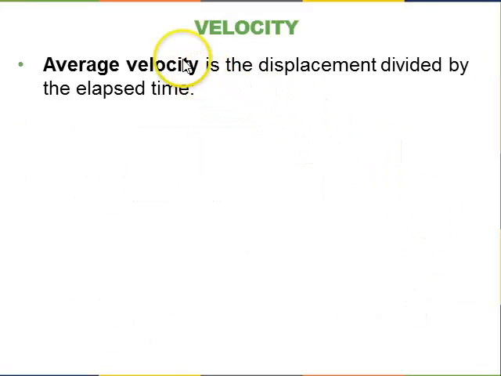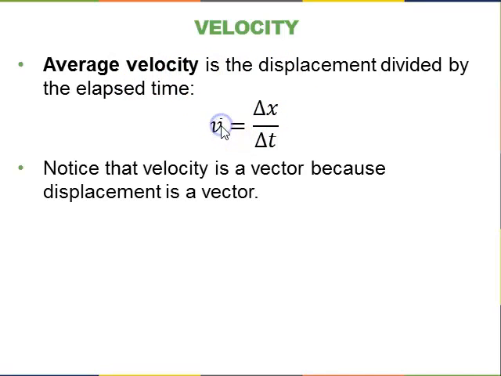Okay, so now that we have displacement and elapsed time, we can define average velocity as being the displacement divided by the elapsed time. And there's a little bar over the v indicating that this is average velocity. So notice that this velocity is a vector because displacement is a vector and elapsed time is a scalar.